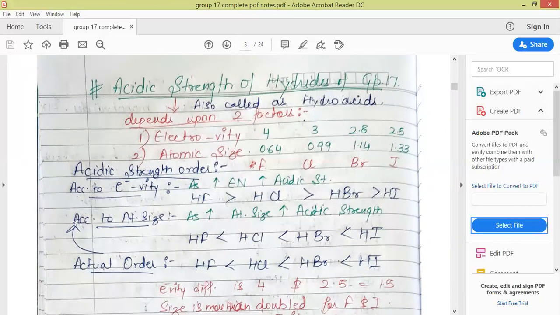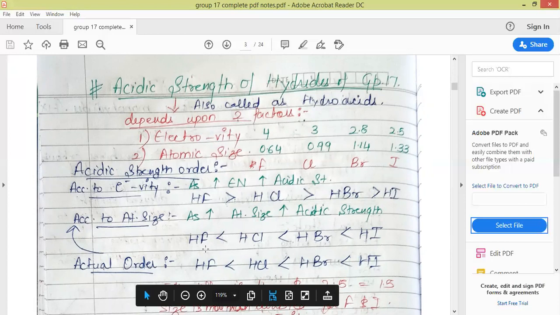If we consider the acidic strength based upon the atomic size, as the atomic size increases, acidic strength increases. So it should increase as we move down the group. So both these properties are indicating the opposite order.